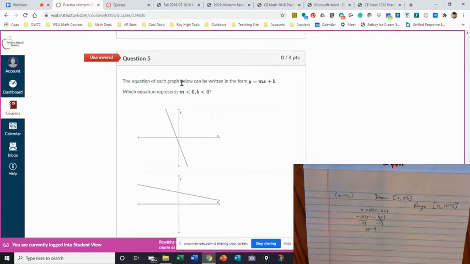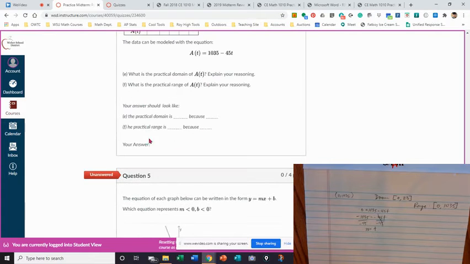So there's the answer. The practical domain is 0 to 23. The practical range is 0 to 1,035. This is because the pool will be empty in 23 hours, and it starts with 1,035 gallons and ends up with 0 gallons, but this is small to big. Remember, these intervals always have to be small to big.